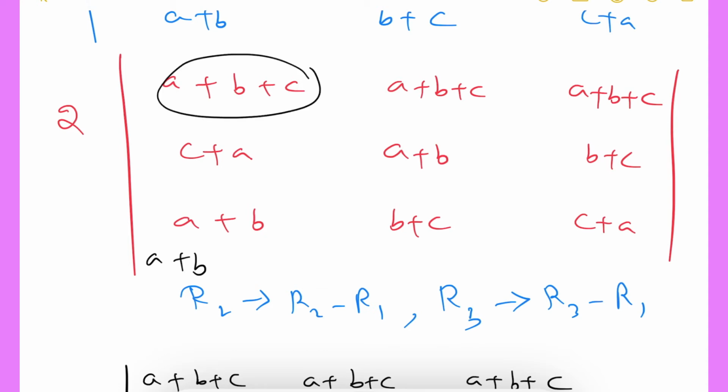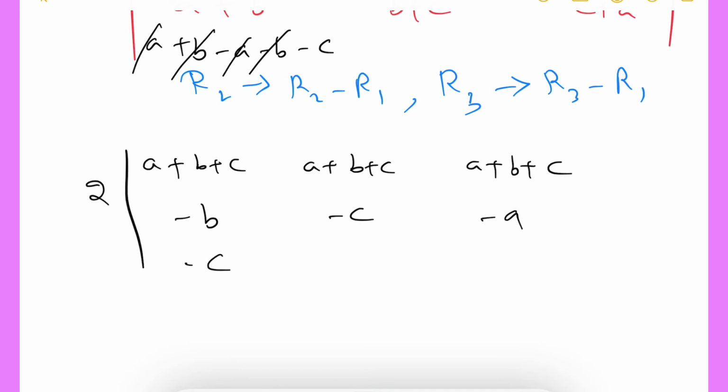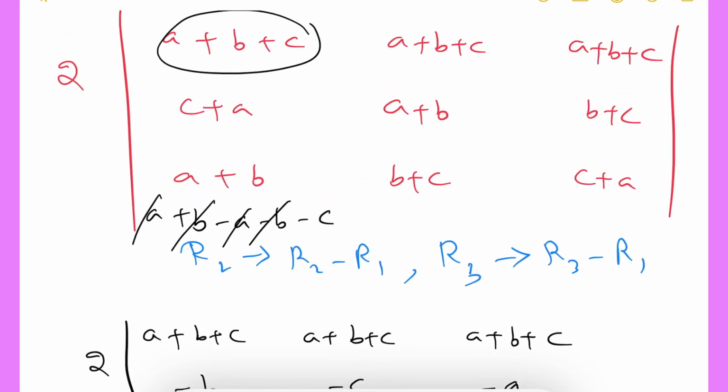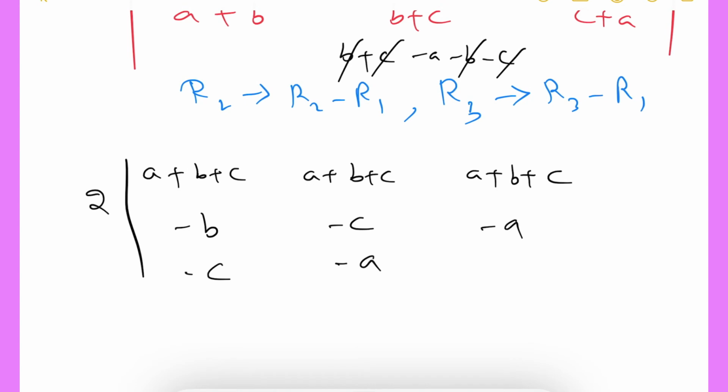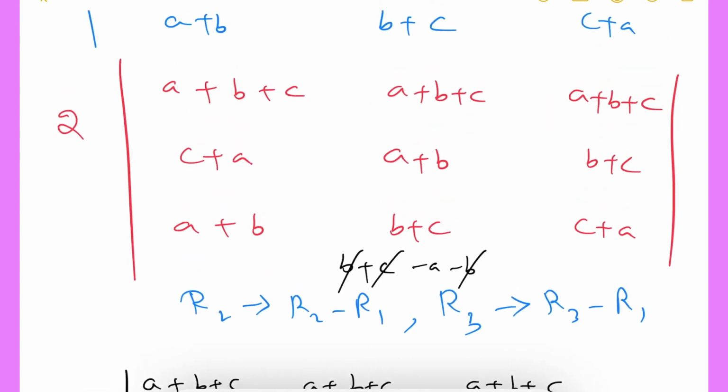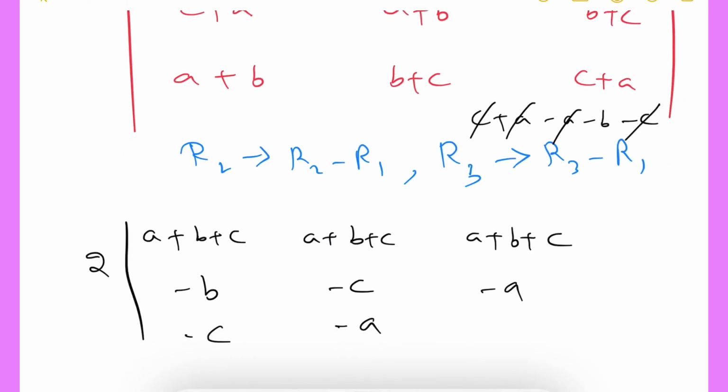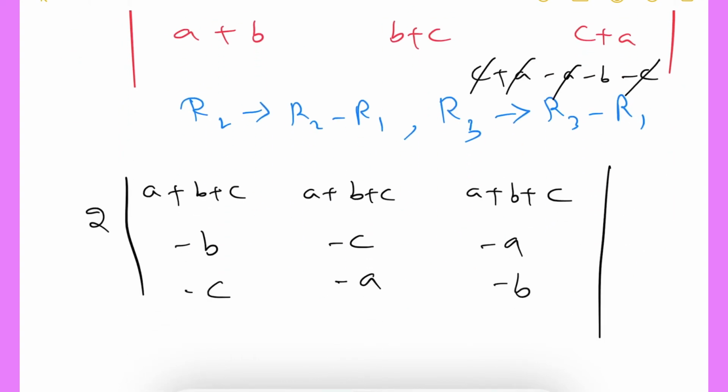For this total, every element is negative: minus A minus B minus C. Plus A minus A cancel, plus B minus B cancel, then we remain with minus C. The same with the second element also: B plus C minus A minus B minus C, plus B minus B cancel, plus C minus C cancel, then we remain with minus A. The same with the third element also: C plus A minus A minus B minus C, plus C minus C cancel, plus A minus A cancel, then we remain with minus B. So this is what we got.